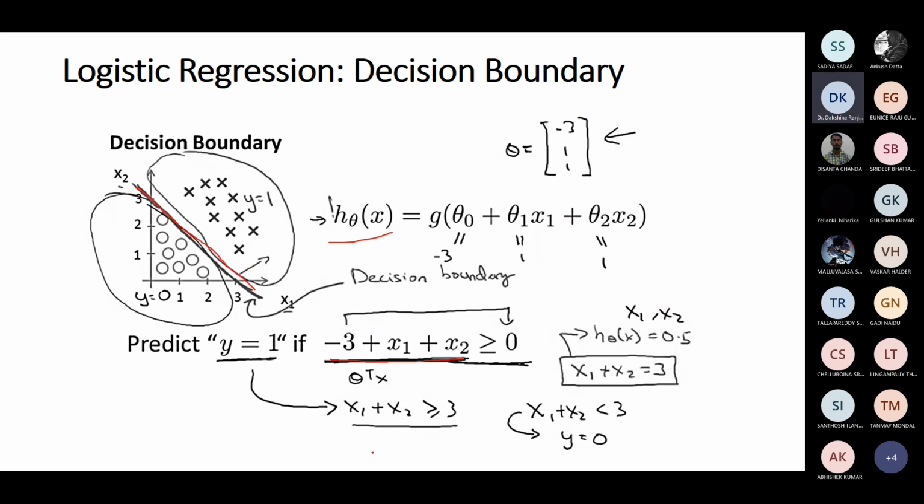This is the decision boundary, and if we get any point on this line, that means x1 plus x2 equals 3.